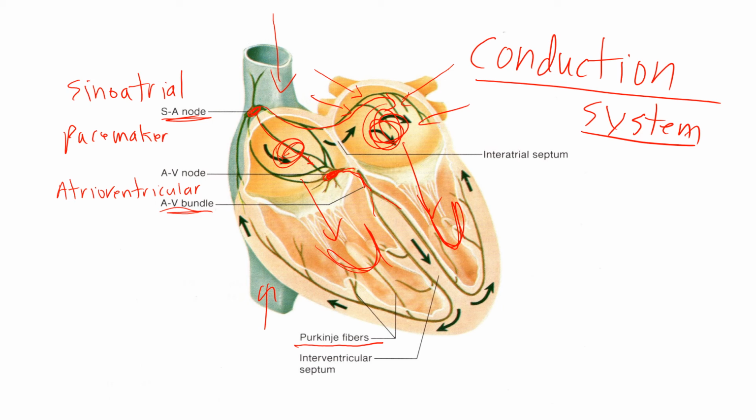Okay, it's not. This is all modified muscle tissue, including the SA node and the AV node. It's all modified muscle tissue. When we learned about epithelial tissue, we said, oh, epithelial tissue is the inner and outer lining on almost everything in the body, every organ, inside and outside.